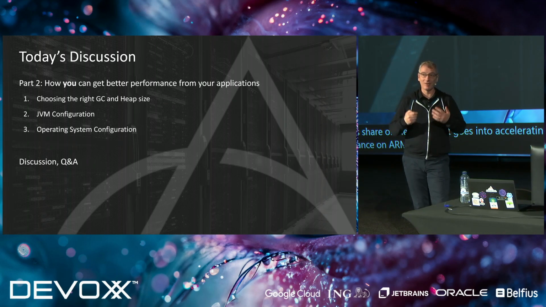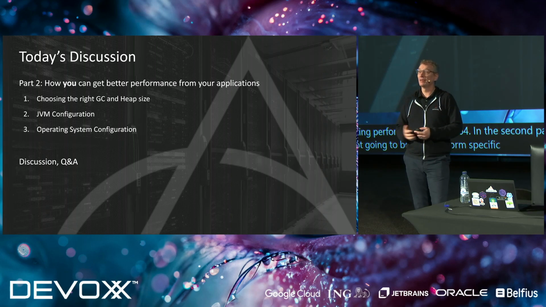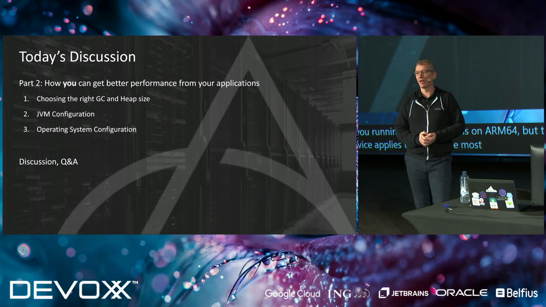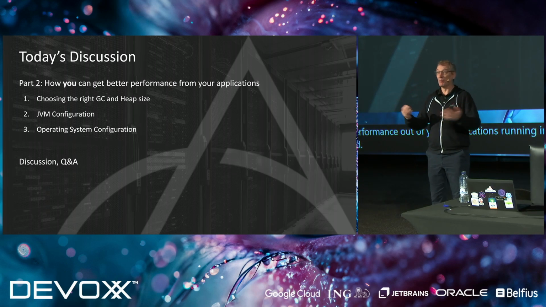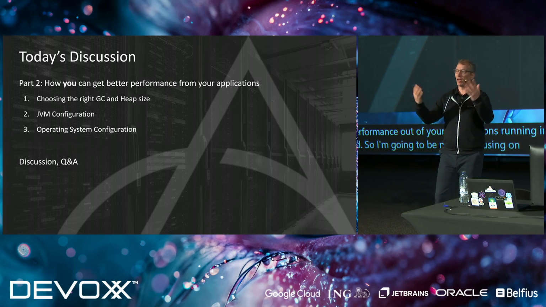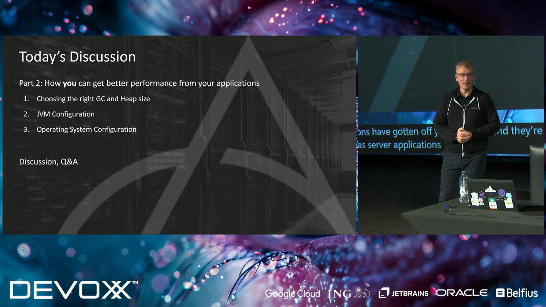In the second part, this is not going to be very platform specific. It's going to be how you, running Java applications on Arm64, but the same advice applies to x86 for the most part, can get better performance out of your applications running in the cloud. So I'm going to be mostly focusing on, once applications have gotten off your desktop and they're running as server applications in the cloud.